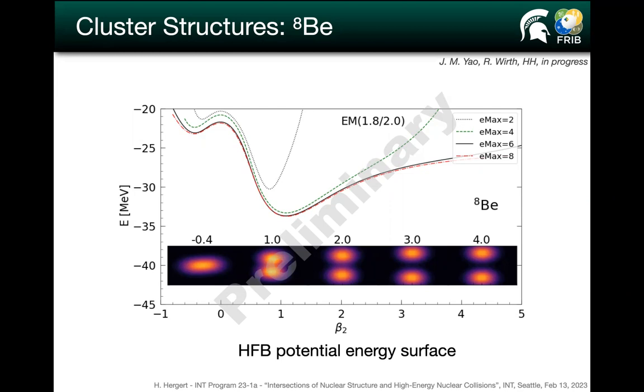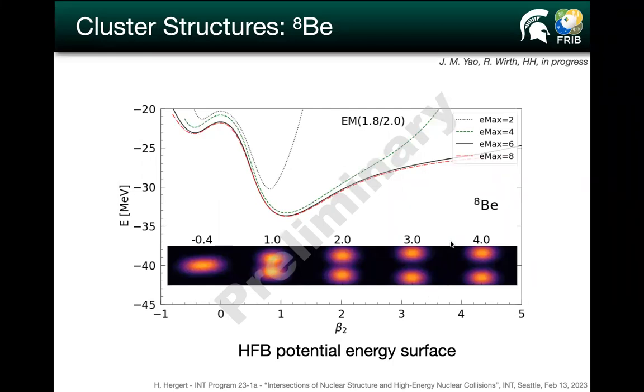There are now some additional ideas from the Darmstadt group from fall last year that will help us overcome that hurdle, and then we should be able to really push past the tin and xenon region into the masses 150 to 200 or so.